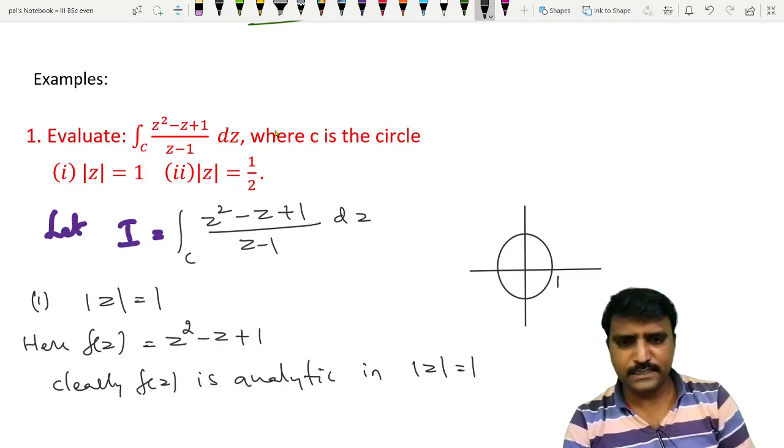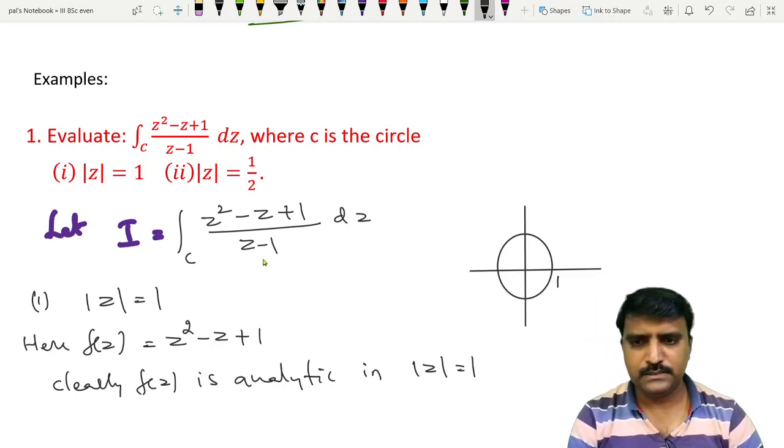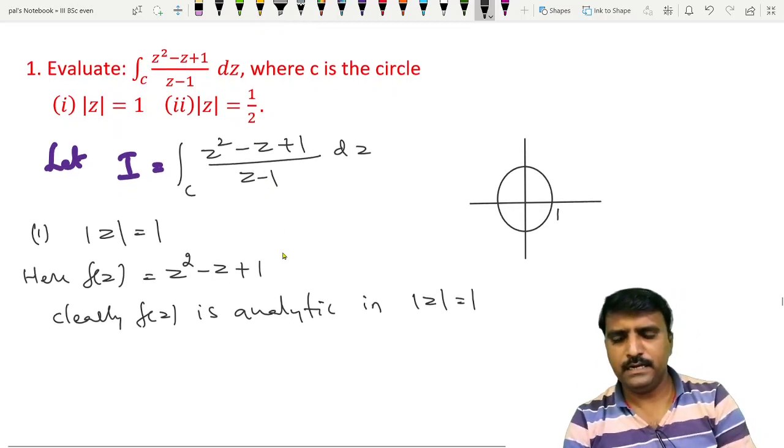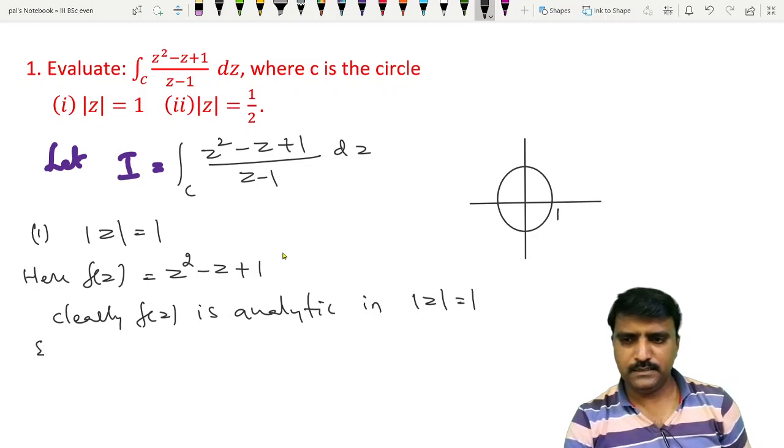And you notice that point: z minus a, what is in place of a? Here a is equal to 1. So a is equal to 1 is a point that lies inside the circle.